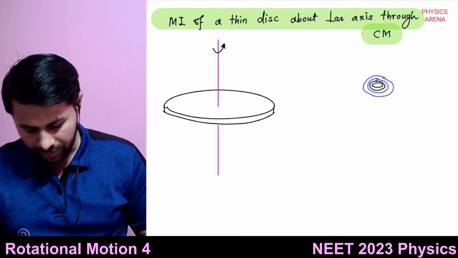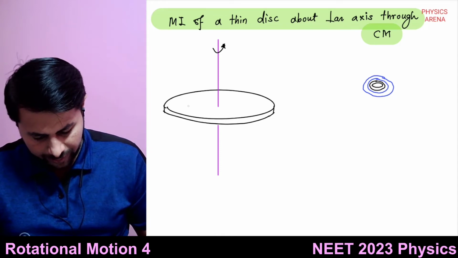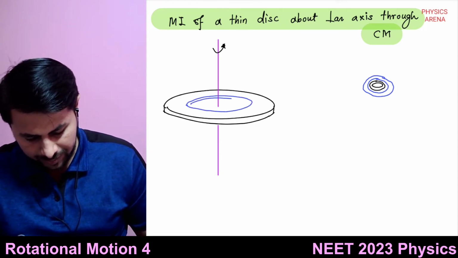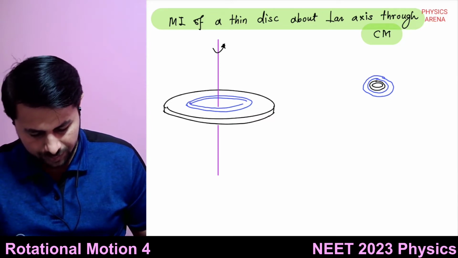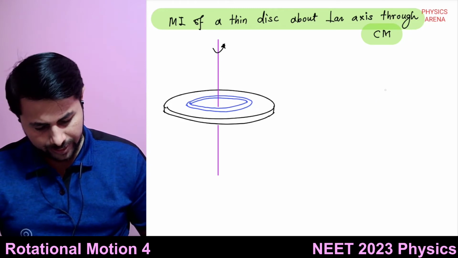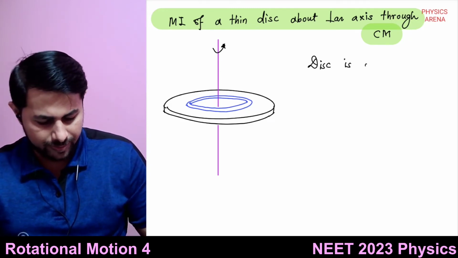Okay, so let's suppose, I will draw one such ring. So this is the ring.